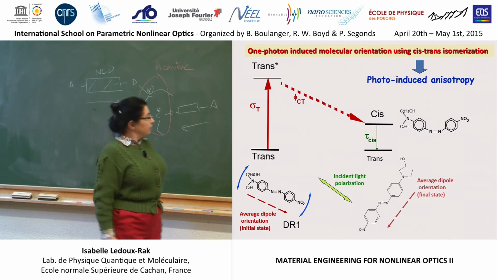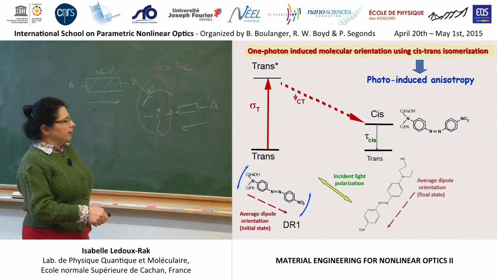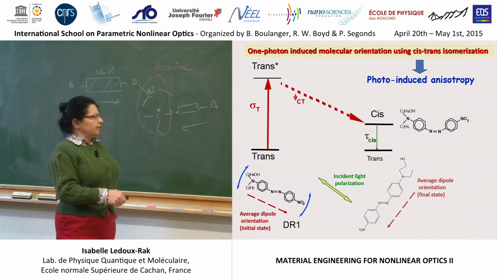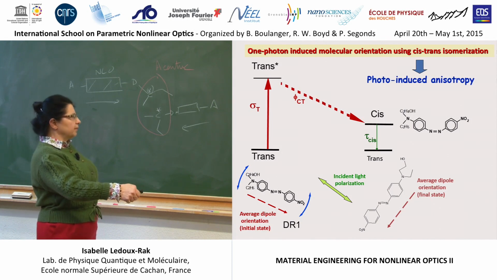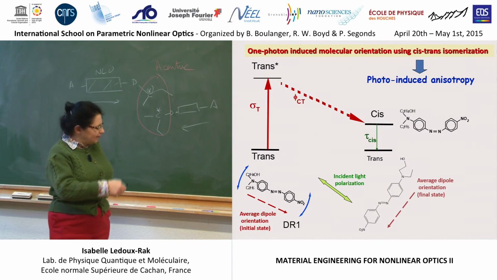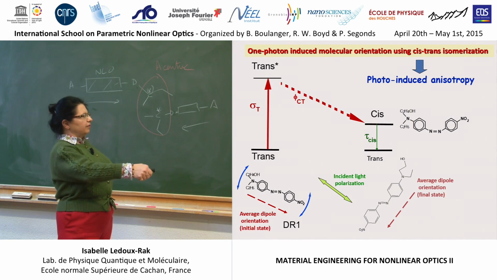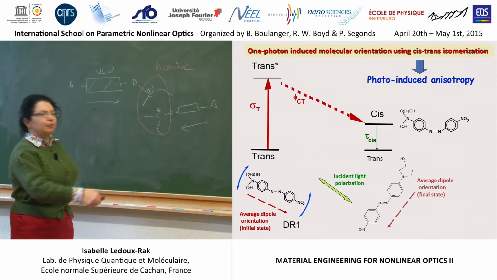When applying the polarization, if the molecules are initially parallel to the incident light polarization, they will be transformed into this cis form. If the molecules come back to the initial polarization, they will be re-excited again and continue until the relaxation gives an orientation perpendicular to the polarization.